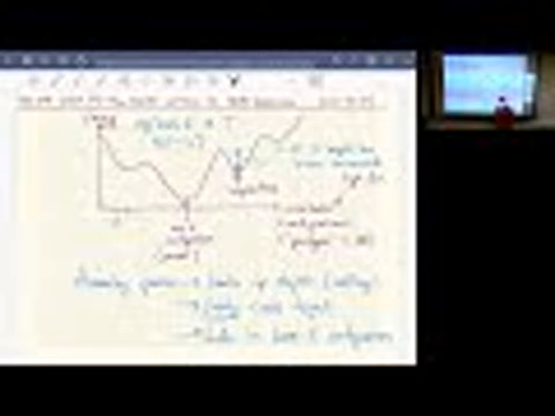This is a common method to purify materials: if they have a bunch of imperfections in their structure, you can melt them and then cool them slowly, and hopefully you'll catch them in a low energy configuration as opposed to catching them in one of these points up here.